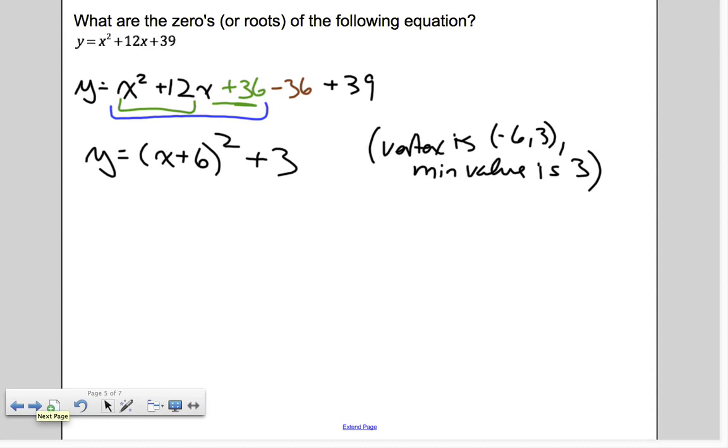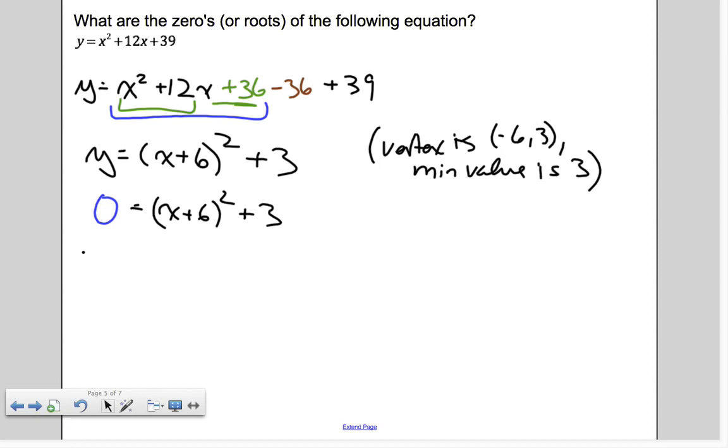So when we want the zeros or roots, what is our next step? What do we want to do? Yeah, we want y is equal to 0. So 0 is equal to x plus 6 quantity squared plus 3. Now I'm going to solve for x.